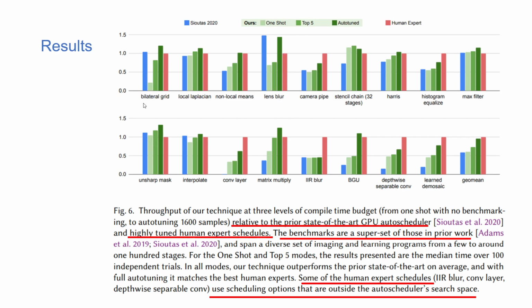The benchmark is a superset of previous work. It includes image processing and computer vision applications. You have the Harris corner detection, the lens blur, but you also have deep learning convolutional layers, depthwise separable convolution.